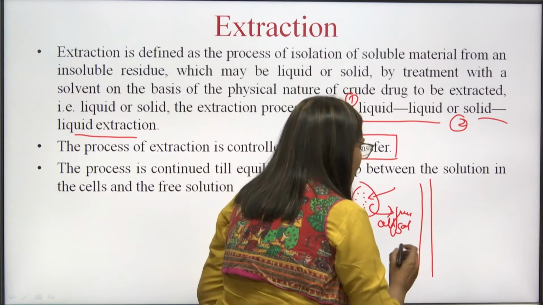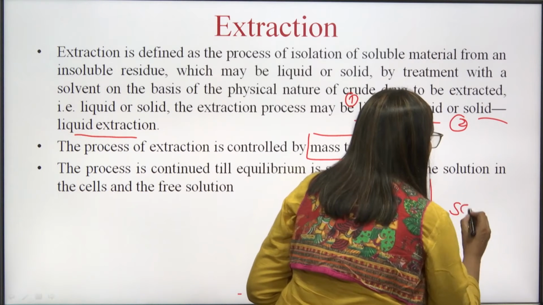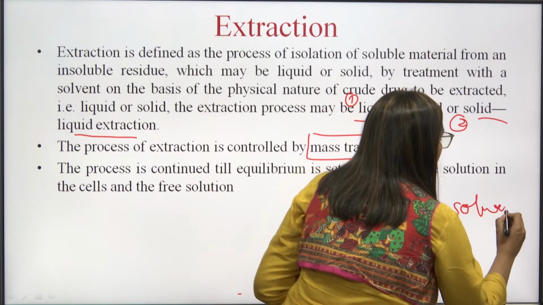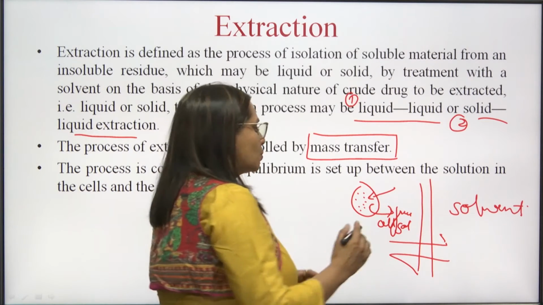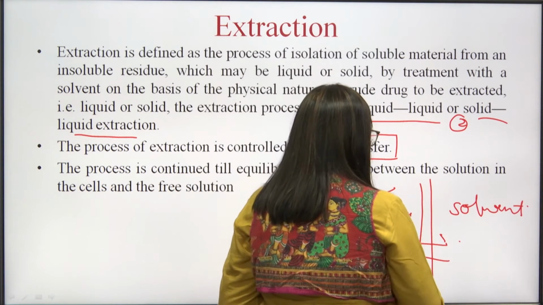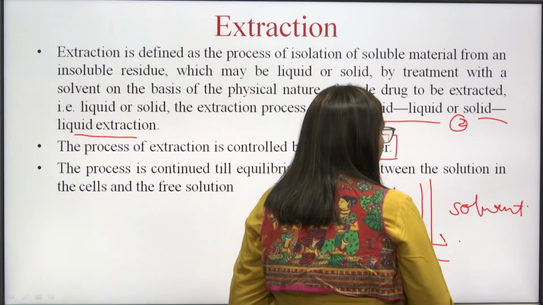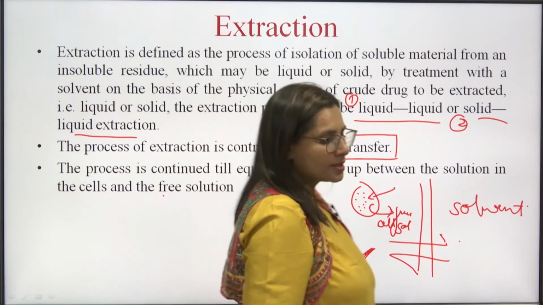This passes into the solvent system and forms an equilibrium. The extraction process ends when the equilibrium is established between this cell free system and the solvent system.